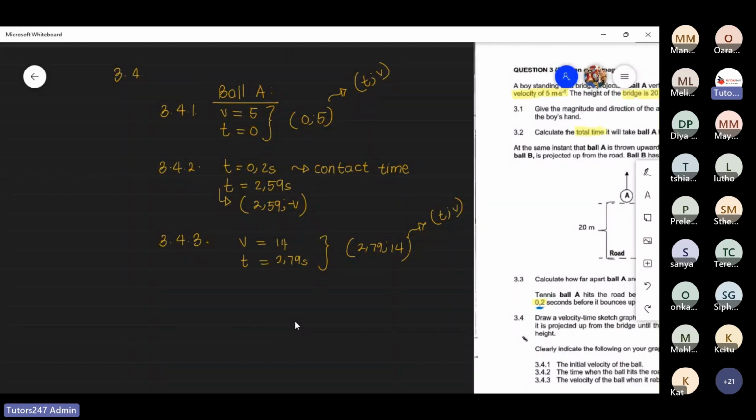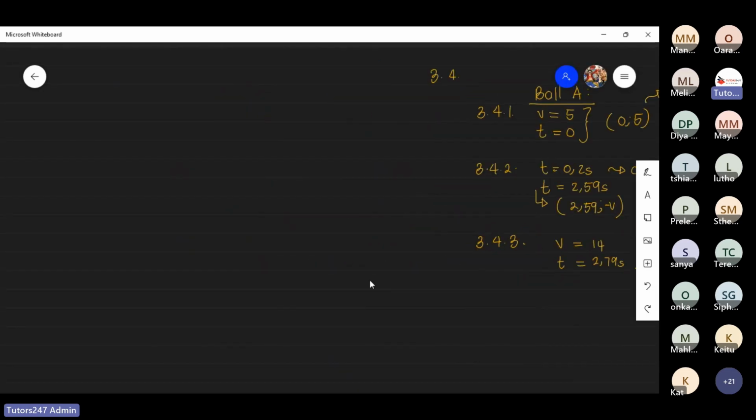Keep in mind that we are not done with the question as yet. We've not actually drawn the graph. So let us now go and draw this graph. So on the side, we'll draw it here.